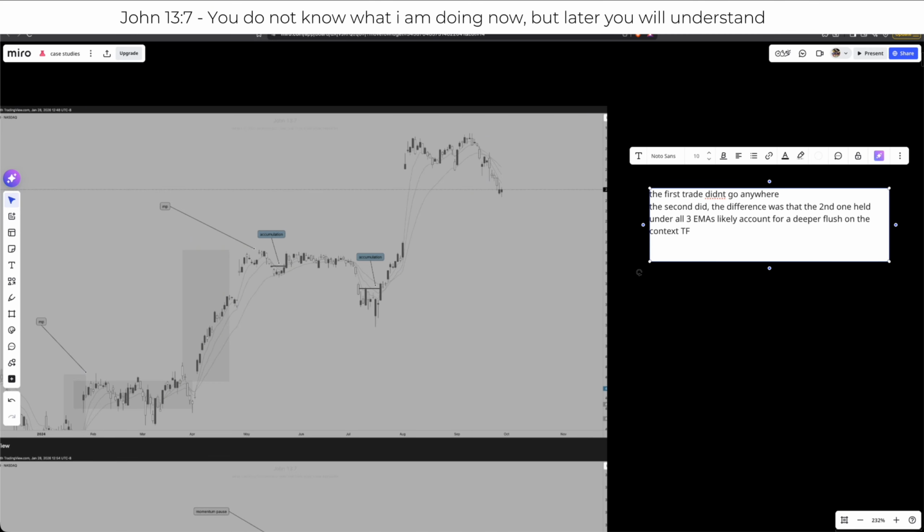Okay, from here what happens? So it looks like price holds under the EMAs, and then we have that nice breakout candle that was bearish, and then it closes above all 3.